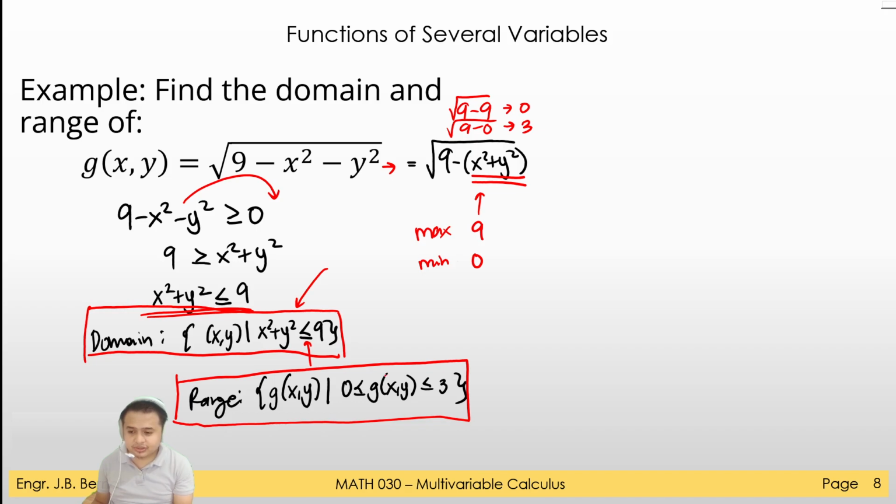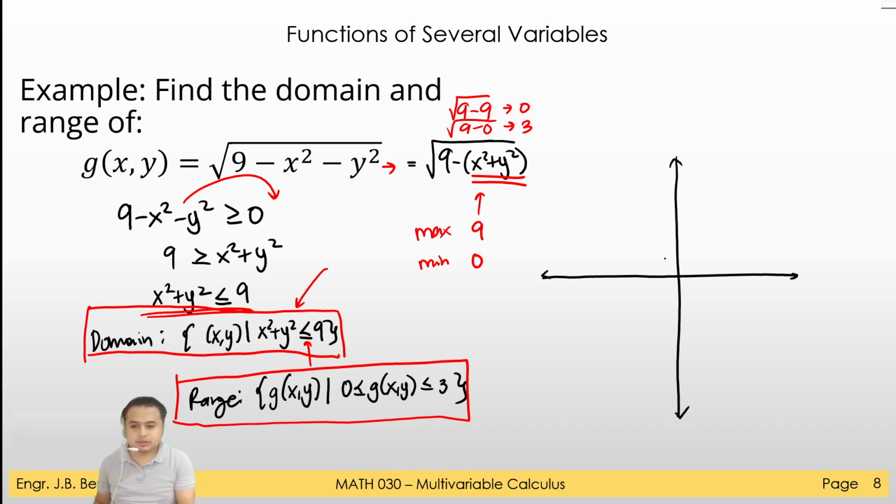And if we want to sketch this one, the domain here will be just a circle with h and k at 0, 0, as you can see, and your radius will be 3.